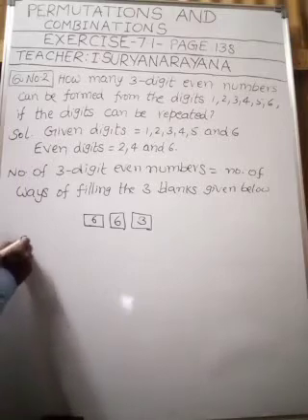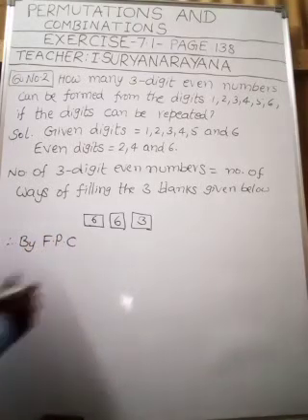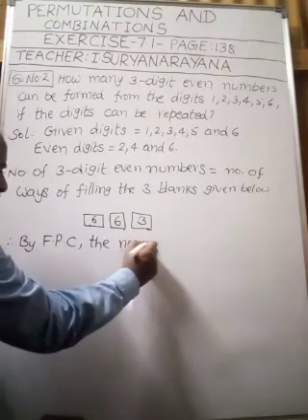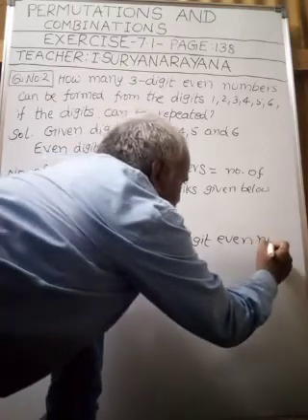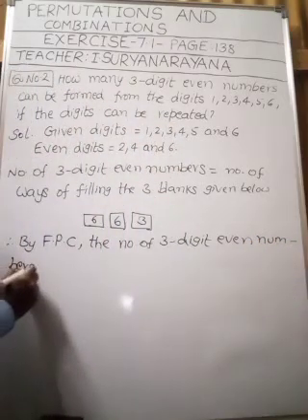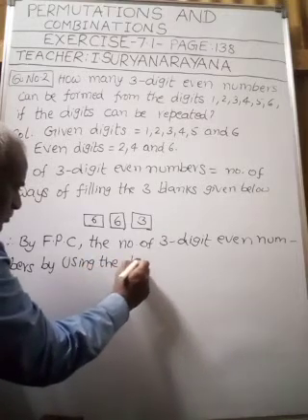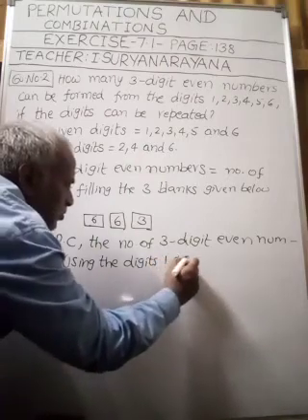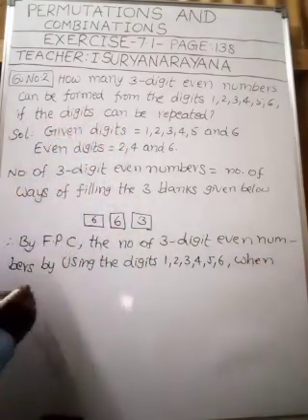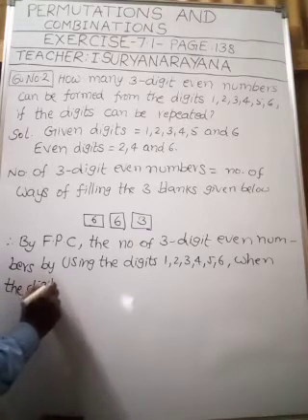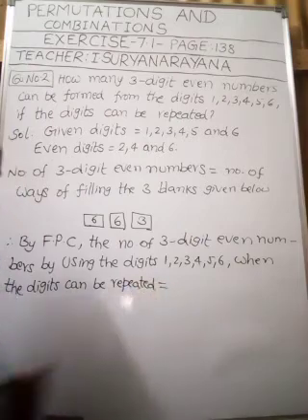Therefore, by the fundamental principle of counting, the number of three digit even numbers by using the digits 1, 2, 3, 4, 5 and 6, when the digits can be repeated, is equal to, how do you find it?